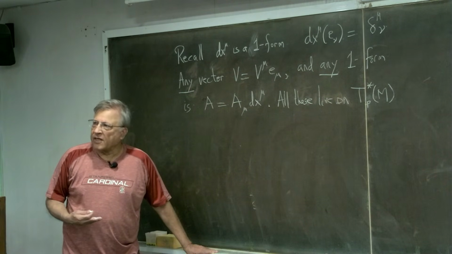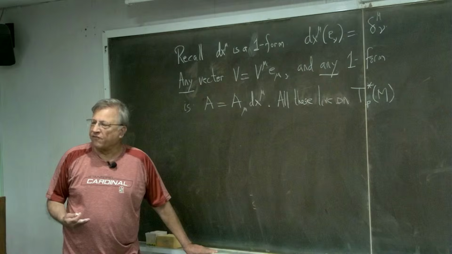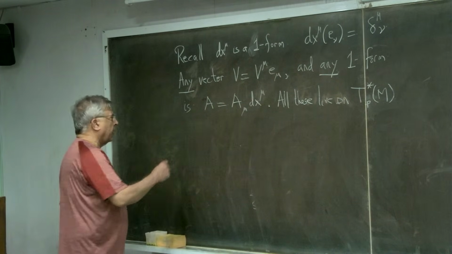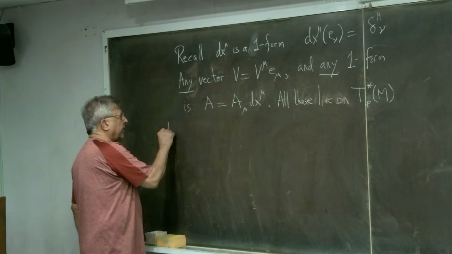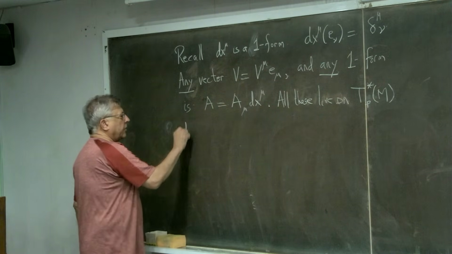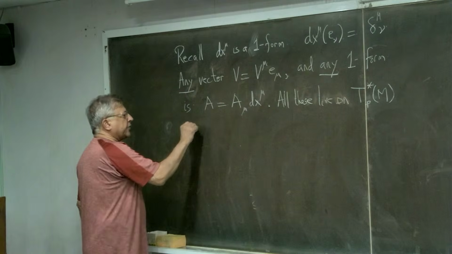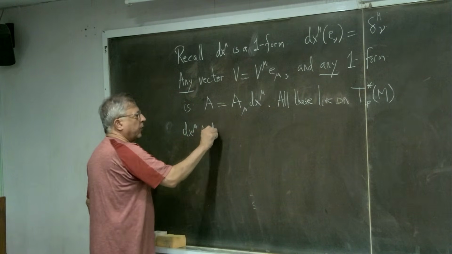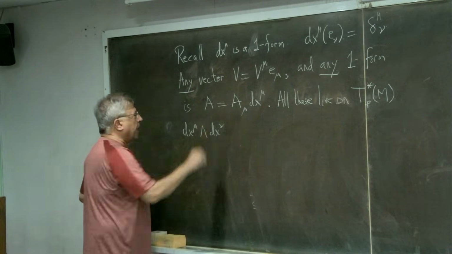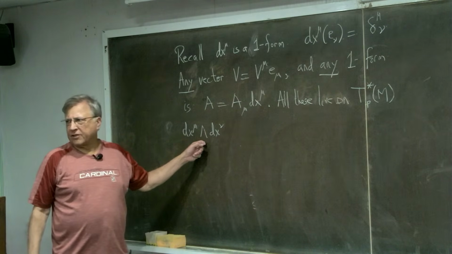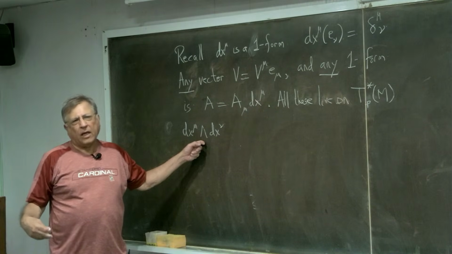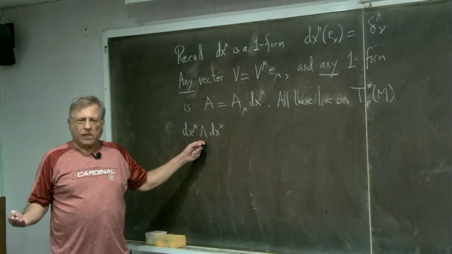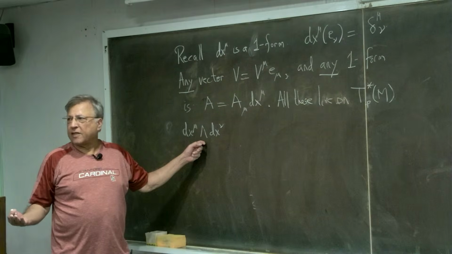Now we need to define a product of two one forms. So if I take dx mu wedge, this wedge operation is the multiplication of two one forms, and multiplication is only then meaningful when I say what it is.